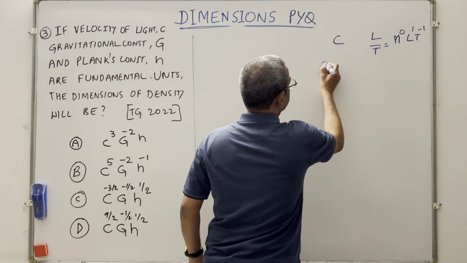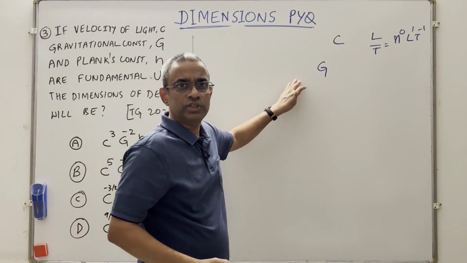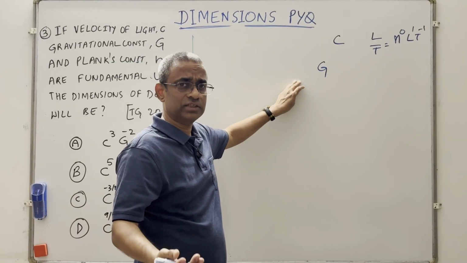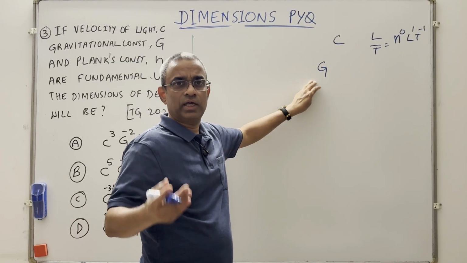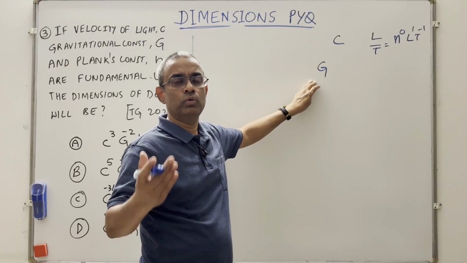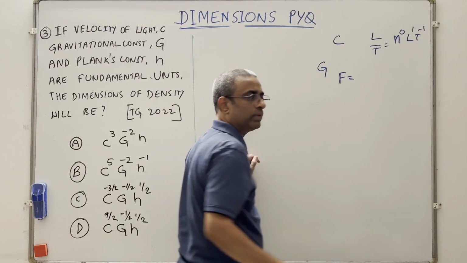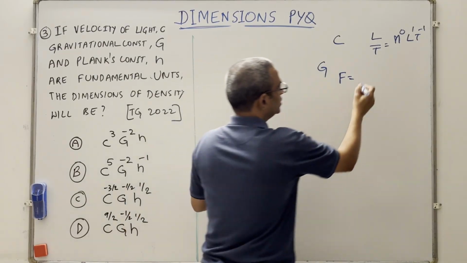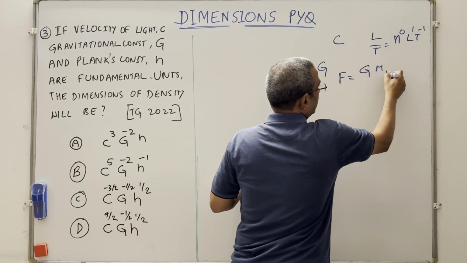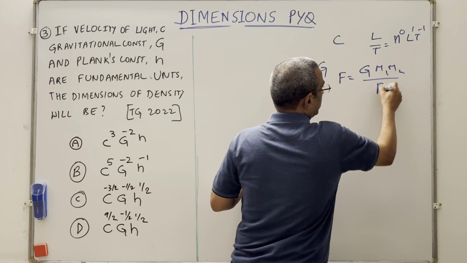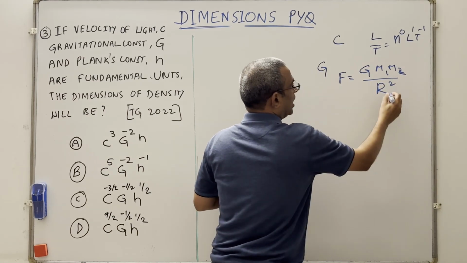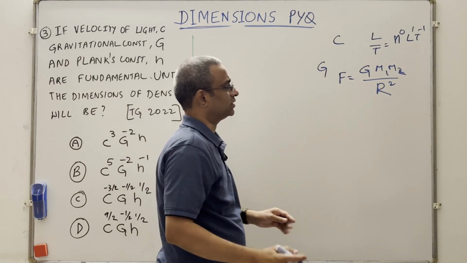Gravitational constant G. You may not know this now, but in next classes you will know that this comes in the force of attraction between two masses. So the formula is the force of attraction between two masses m1 and m2 is G m1 m2 by r square, where r is the distance between those two masses.